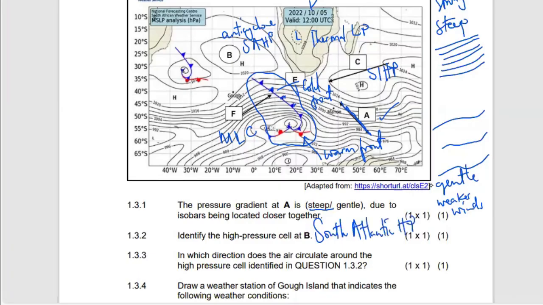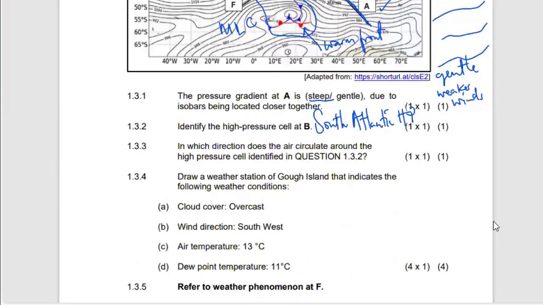high pressure cell. Right. Then in which direction does the air circulate around the high pressure cell identified? What you must note is that when we are in the southern hemisphere, when we have a high pressure cell, air circulates in an anti-clockwise direction out of the high pressure cell.